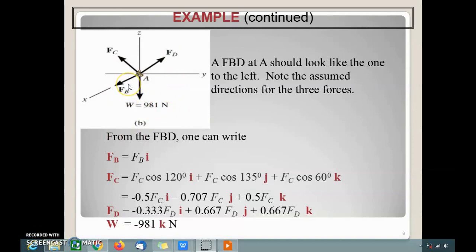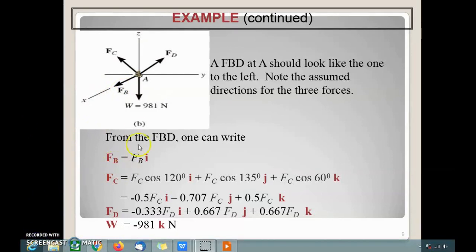After you draw the free body diagram, you need to find the vector force for each of the forces in Cartesian vector form. The first one, let's look at FB. FB is on the x-axis.